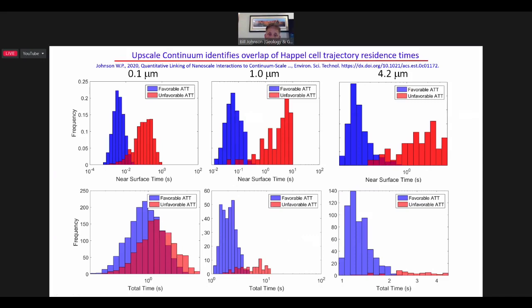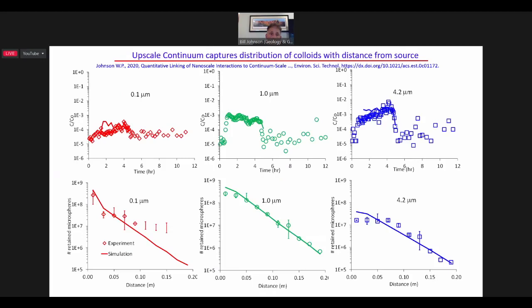And then we could look at what these residence time distributions would predict in terms of the distributions at larger scale. And so when we did that, we ended up with these matches to the breakthrough curve. They're not perfect by any means, but they're much better than either of the conventional approaches give.